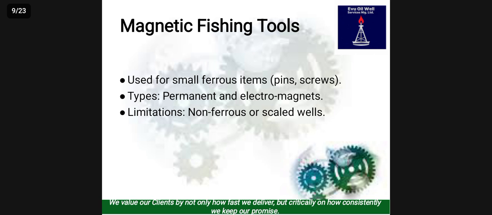The electromagnetic type is modern and powerful. There are limitations anyway. Magnetic fishing tools won't work on non-ferrous materials or in scaled wells. That's when the magnet looks at the fish and says, sorry bro, you are not my type, if it has no element of iron, no ferrous material.